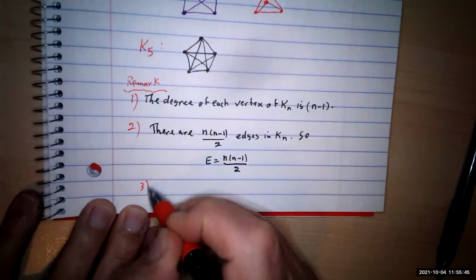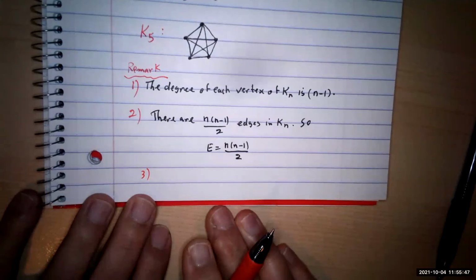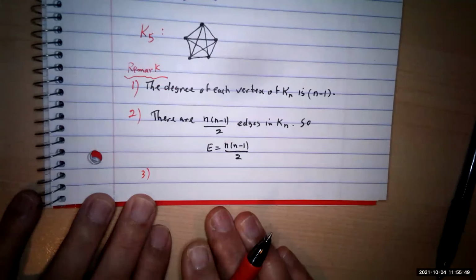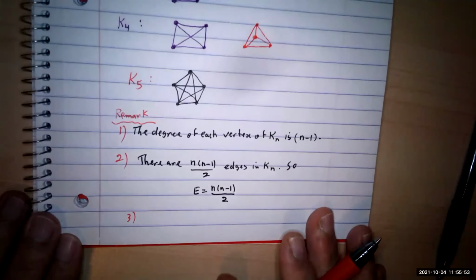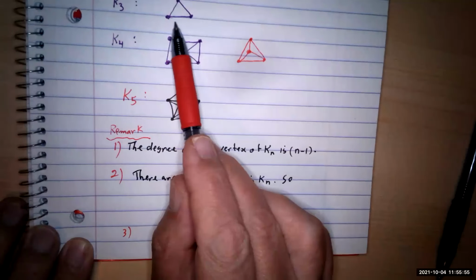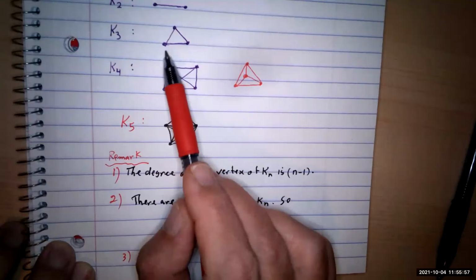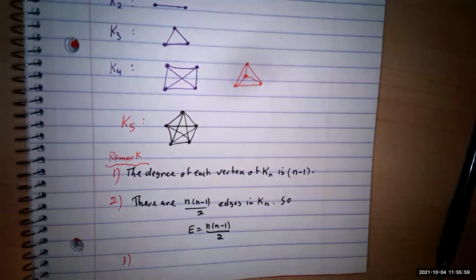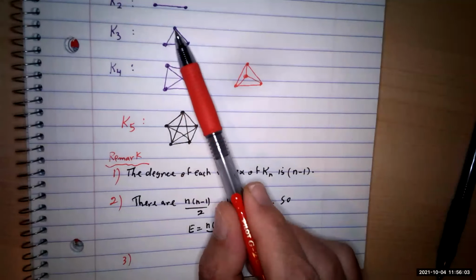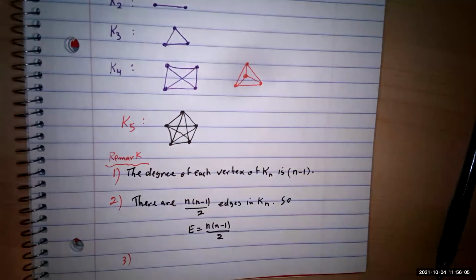And the third one, coloring number. Remember the coloring number? Look at this one. What is the coloring number for this one? Remember, you are going to color these vertices so that if they are adjacent to each other, they have different colors.